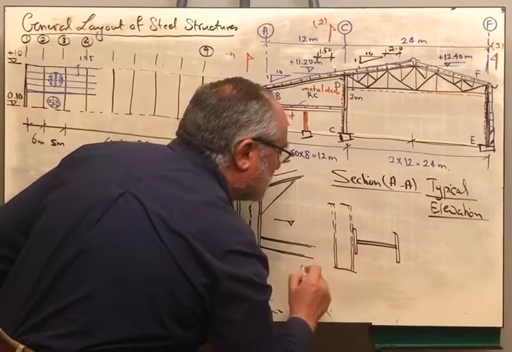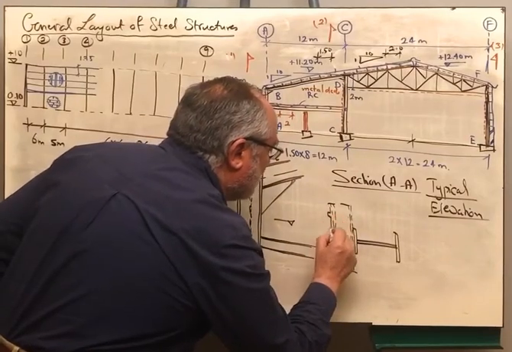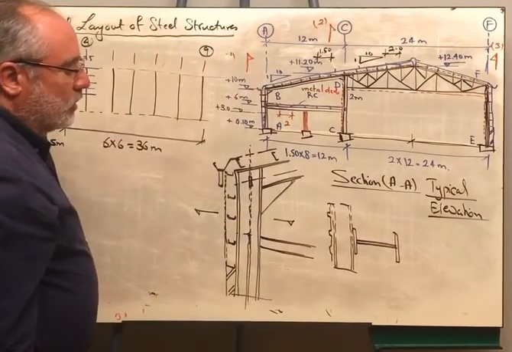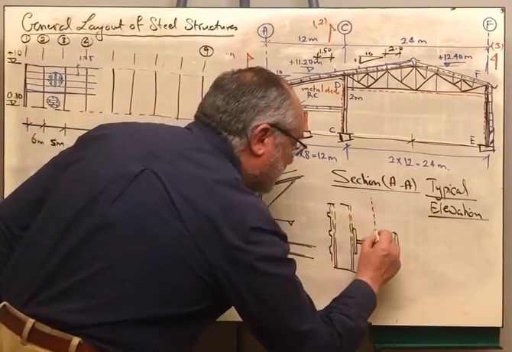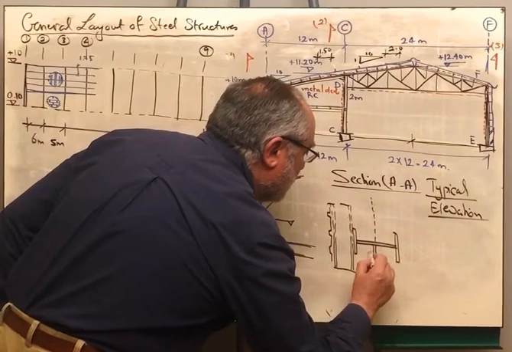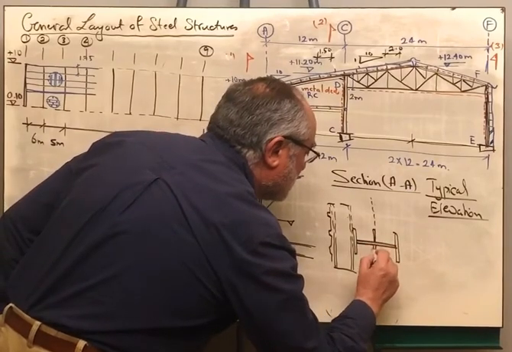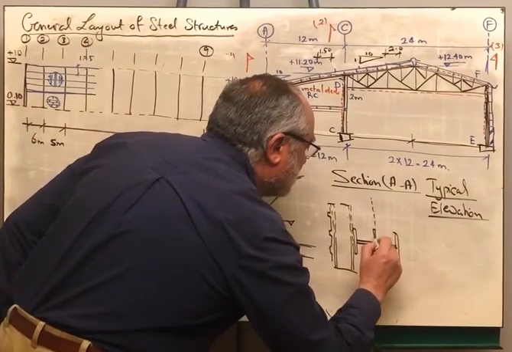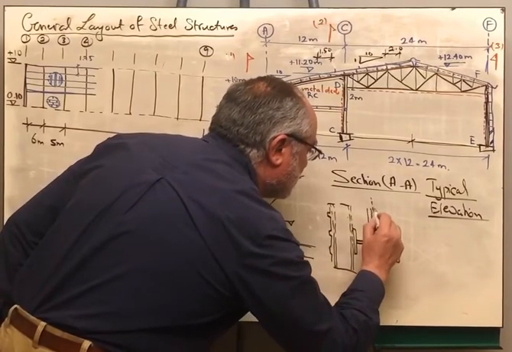These are the purlins, and the purlins are supporting the corrugated sheets of the cover. And in the center, we are having here the gusset plate that is connecting the vertical bracing.